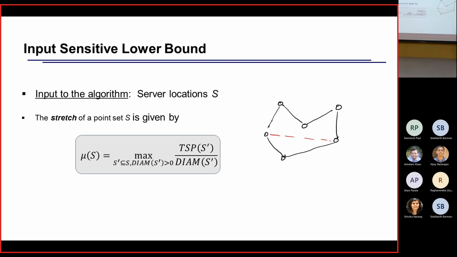Think of all possible subsets of S such that the diameter of that subset is greater than 0, and look at this ratio, which is the TSP, the traveling salesman tour for that subset, to the diameter of that subset. So in this example, for instance, you have 6 points. The black edges represent the traveling salesman tour, the minimum cost tour that visits all the points, and the red edge is the diameter, which means it's the furthest pair of points for this set. The ratio of these two is mu of S.